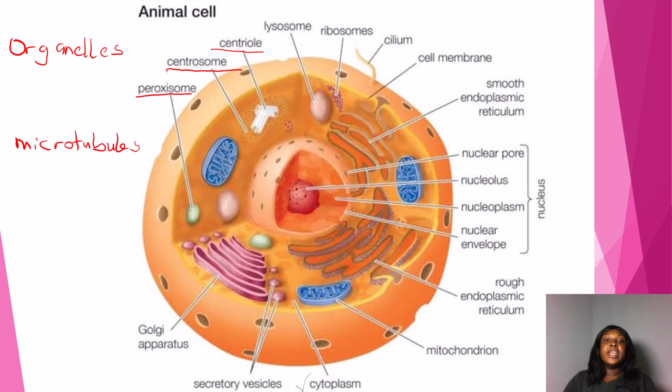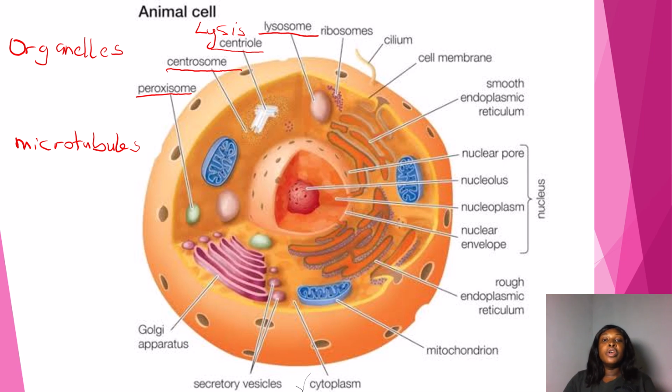The next one is the lysosome. Lysosome is derived from the word lysis. Lysis means break down. So lysosome is responsible for the breakdown of worn-out parts of the cell, thereby giving way for healthy cells to grow.